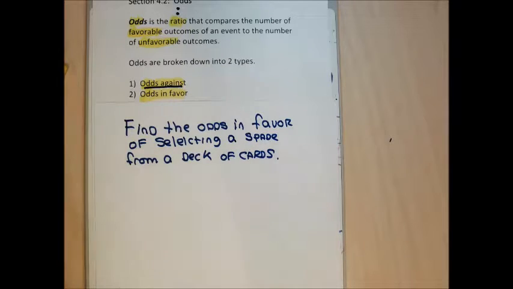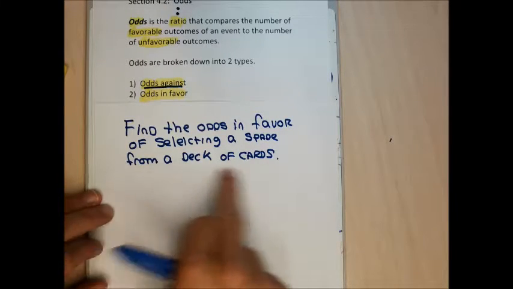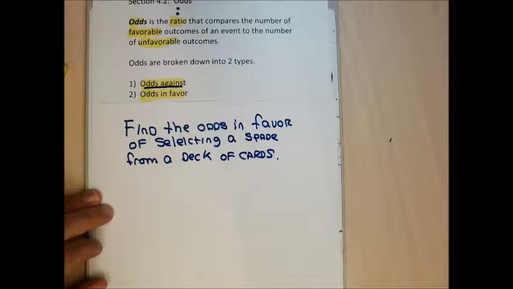So in order to find odds, the best thing I can do is look at the sample space, in this case the deck of cards I'm drawing one card from, and separate it into two groups, spades and not spades.